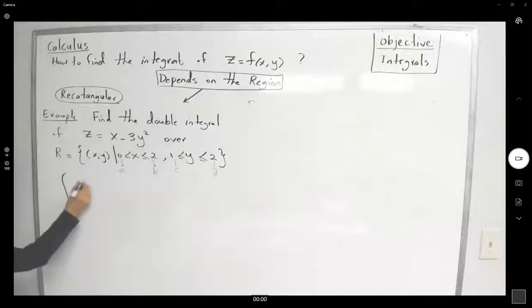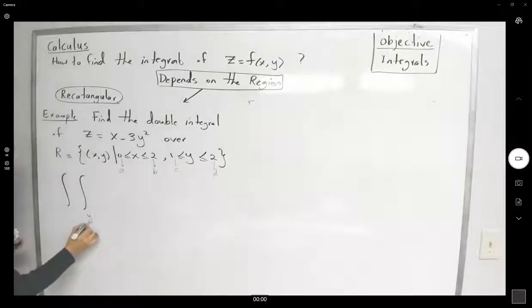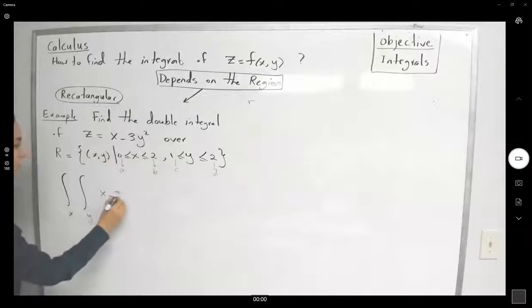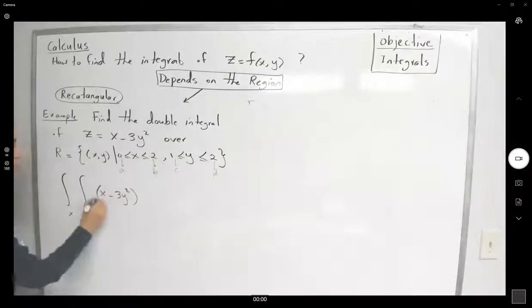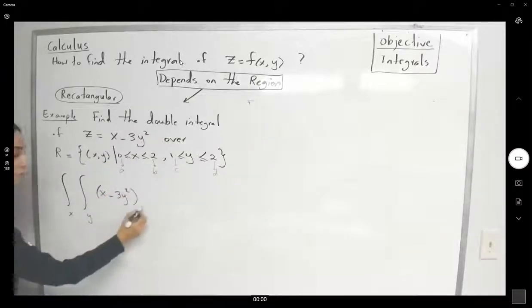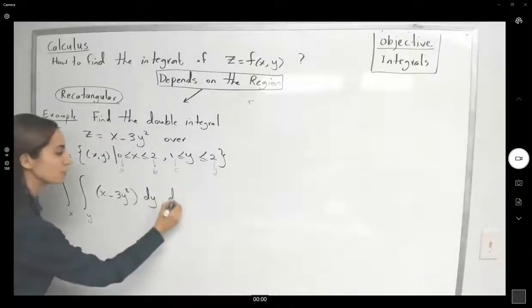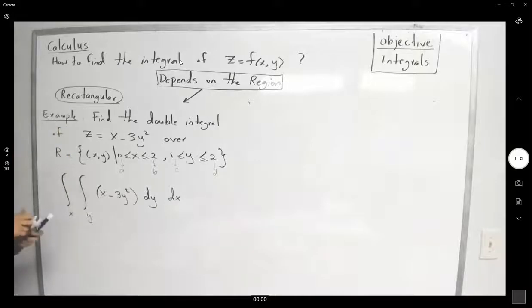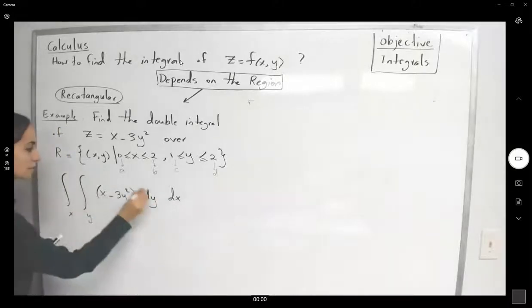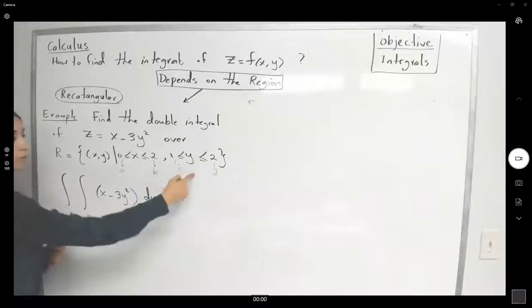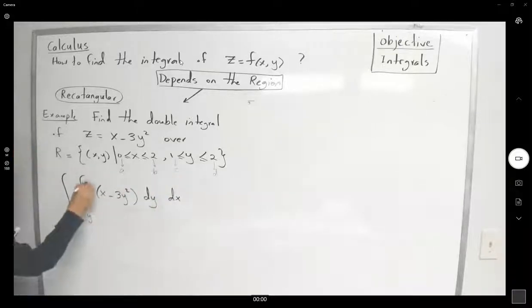Double integral. Now my inner integral is with respect to y, and the outer integral is with respect to x. I'm going to copy down my function, x minus 3y squared. Take the inner integral with respect to y, and the outer integral with respect to x. This is my inner integral. I have to calculate this first, and my y ranges between 1 and 2.